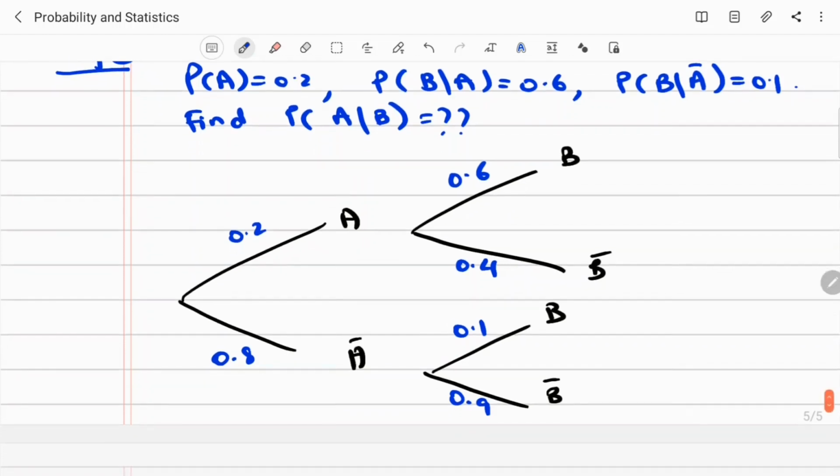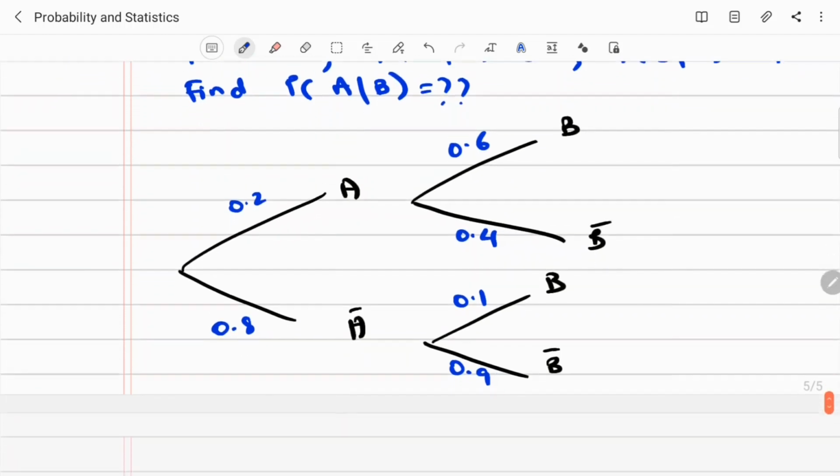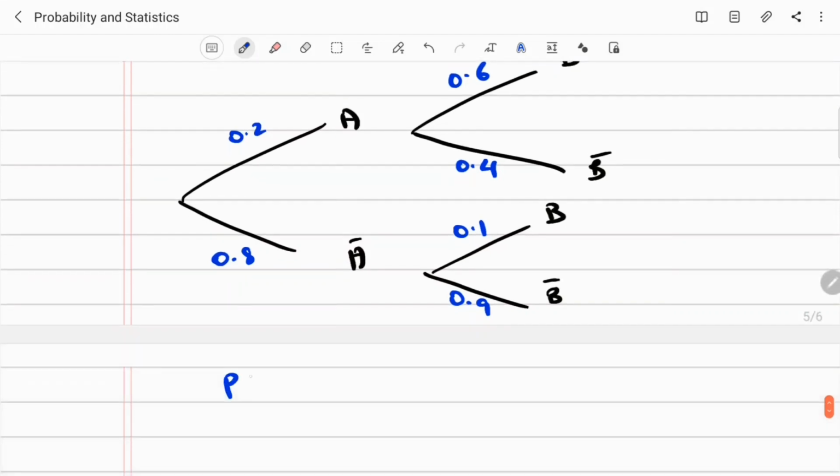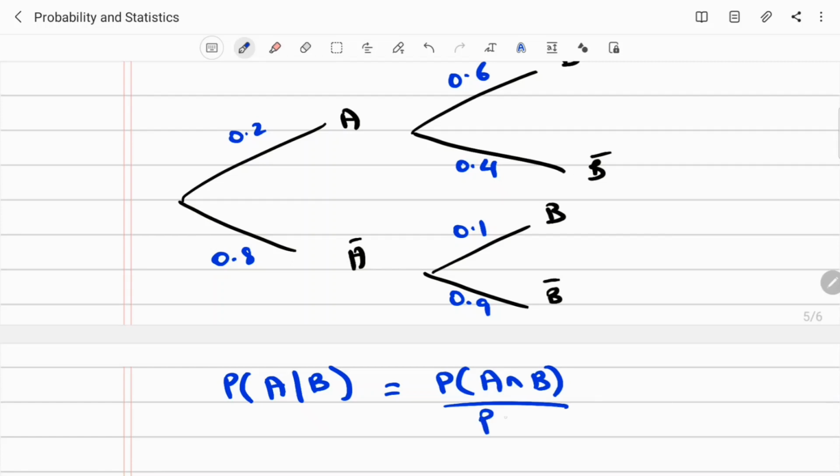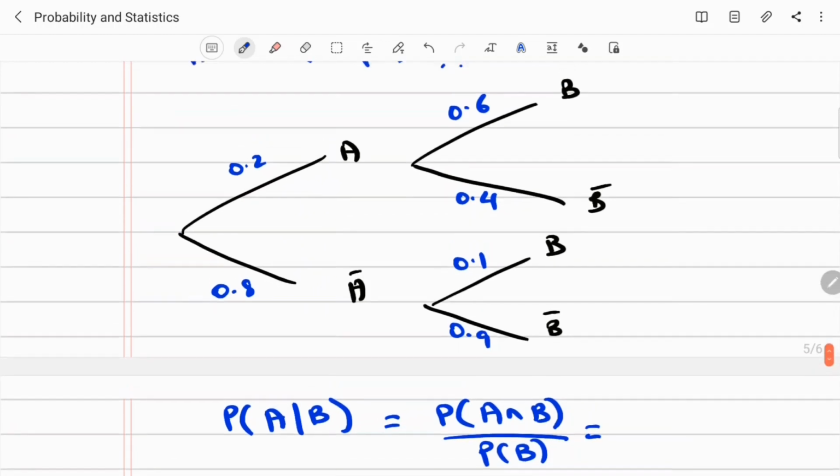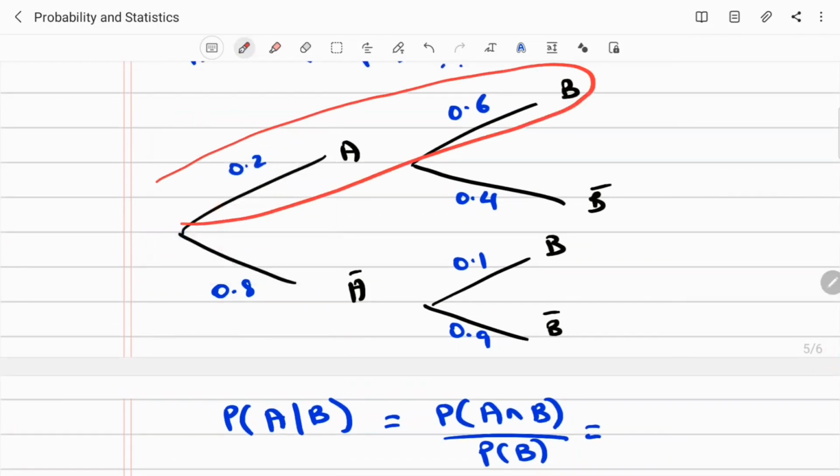Now, our question is to find the probability of A happening given B has happened. In this case, we are going to use our formula. A intersection B corresponds to this branch here. So this would be 0.2 times 0.6 over the probability of B. The probability of B can happen through this or this.